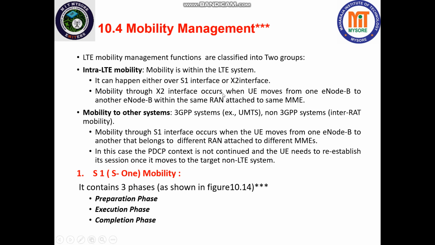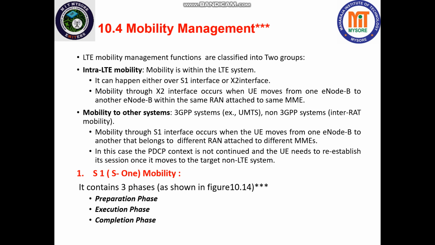Mobility through the X2 interface occurs when user equipment moves from one e-node B to another e-node B within the same radio access network attached to the same mobility management entity. In one city, if you take, there might be multiple mobility management entities.